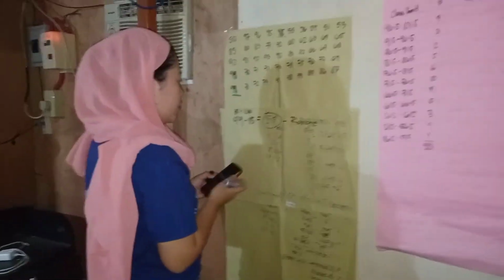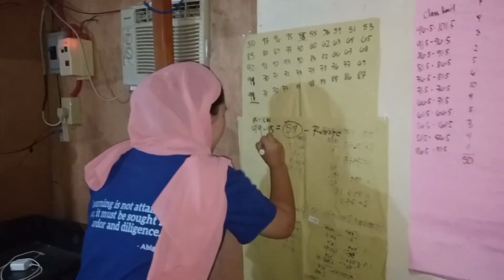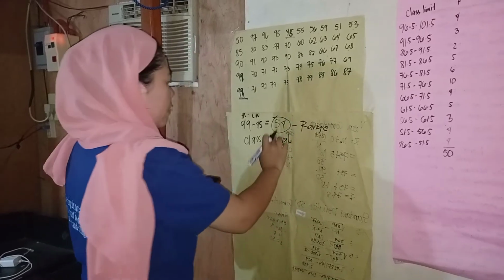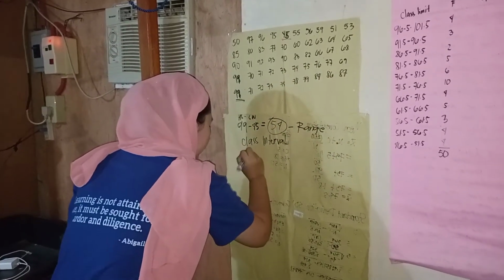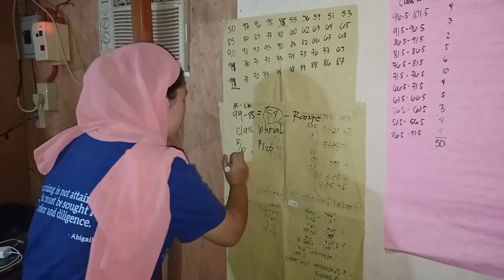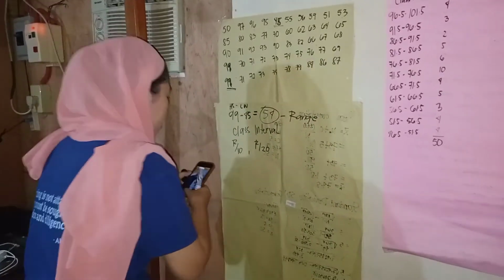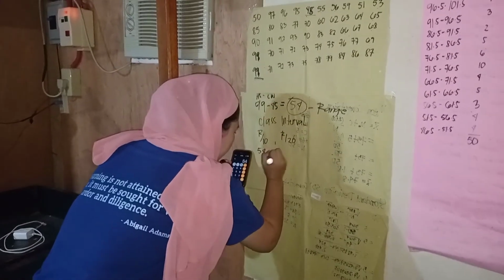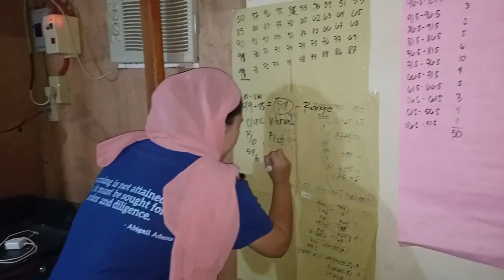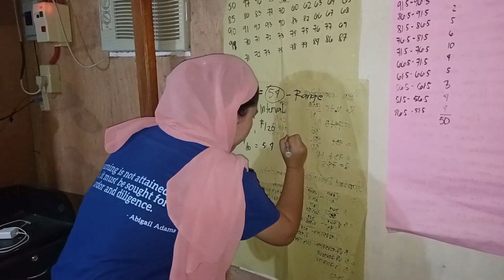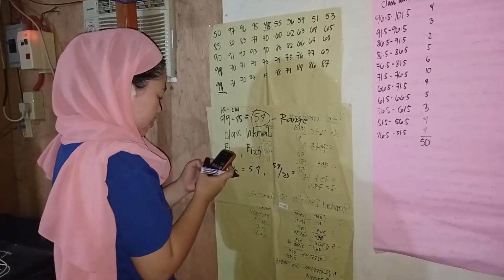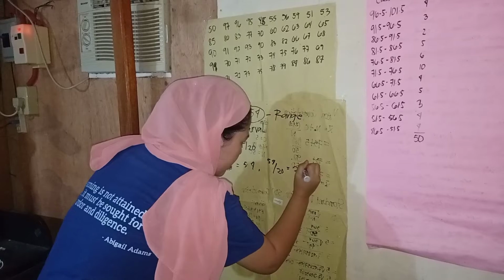Then, next, we need to find the class interval. So 54, our range, divided by 10, and range divided by 20. 54 divided by 10 equals 5.4, and 54 divided by 20 equals 2.7.